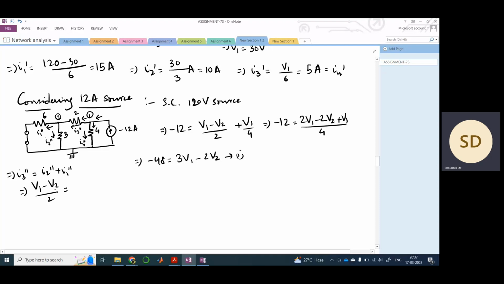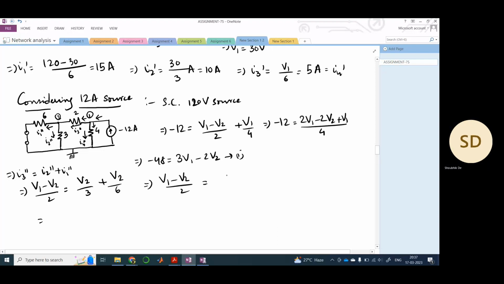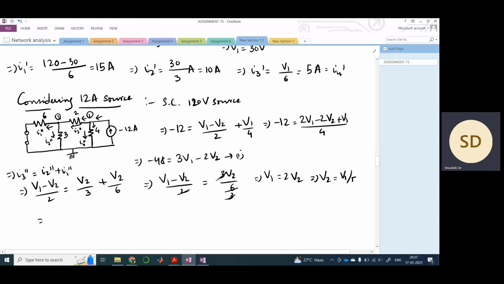So I3 double dash is (V1 minus V2) by 2, and I2 double dash is V2 by 3, and I1 double dash is V2 by 6, right? So V1 by 2 would be 3V2 by 6, right? So this 3, 3 gets cancelled. So V1 equals 2V2, therefore V2 equals V1 by 2.